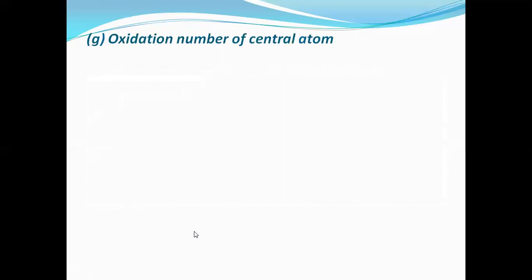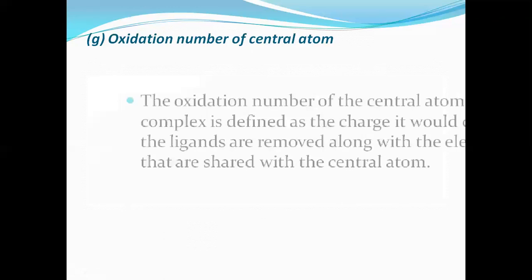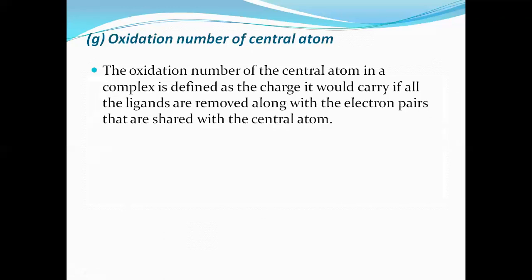What is the oxidation number of the central metal atom? The oxidation number of the central metal atom in a complex is defined as the charge it would carry if all the ligands are removed along with the electron pairs that are shared with the central metal atom.